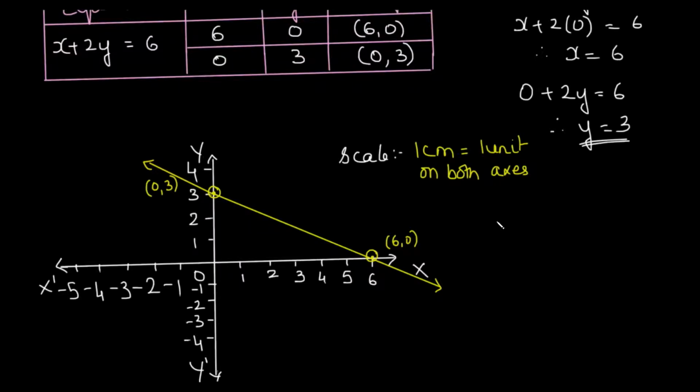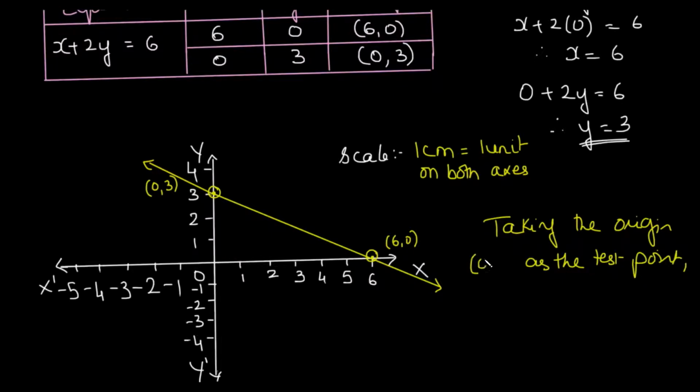So, taking the origin as the test point, we put 0, 0, that is origin is 0, 0. We substitute 0, 0 in the given equation, x plus 2y, and this becomes 0 plus 2 into 0, and thus we get 0.